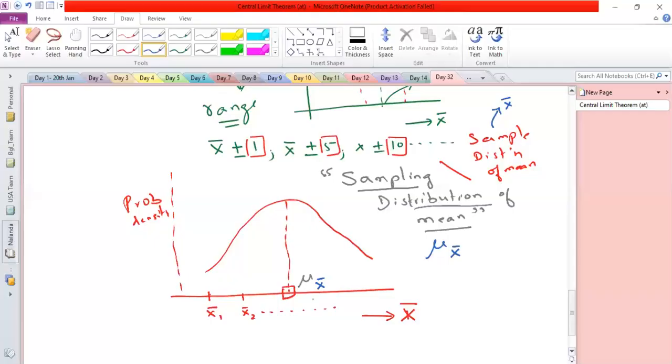Now in this sample, the standard deviation is the square root of s square. Sample distribution is square root of s square.